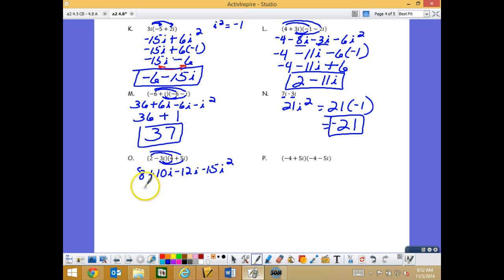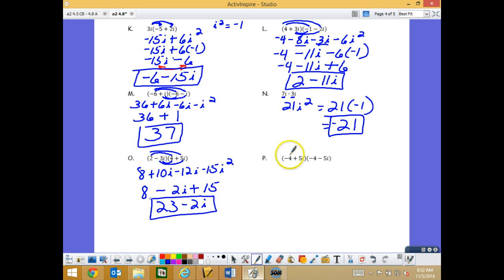So combining the like terms, we end up with 8 minus 2i, 10i minus 12i, and then minus 15 times the negative 1 becomes plus 15. Again, i squared is always equal to negative 1, and then that gives us 2 more like terms to combine, so we end up with 23 minus 2i. Real part is 23, the imaginary part is negative 2.